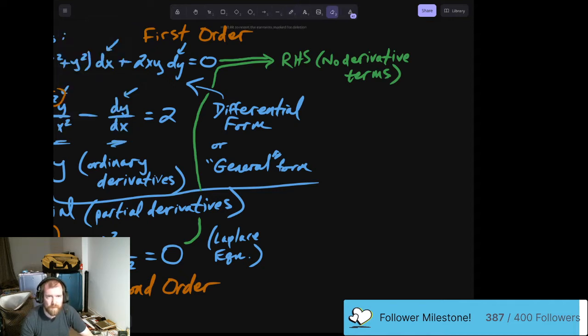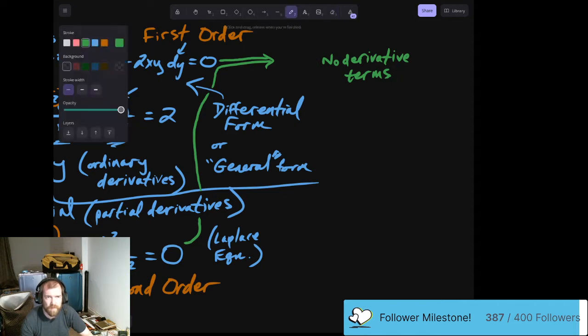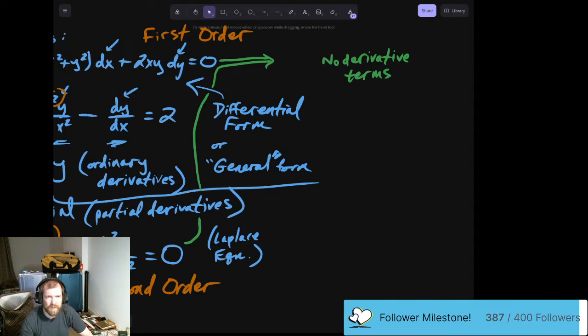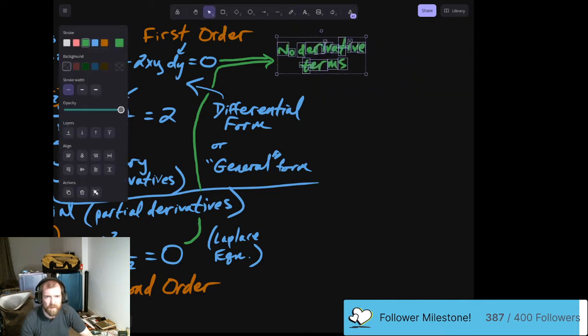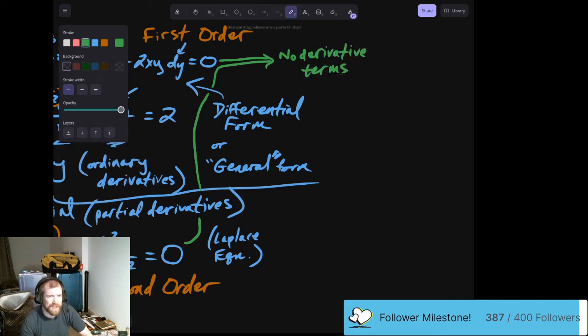So, you know what, we might as well just get rid of that. That's fine. So the equation that has no derivative terms on that side is said to be homogeneous.